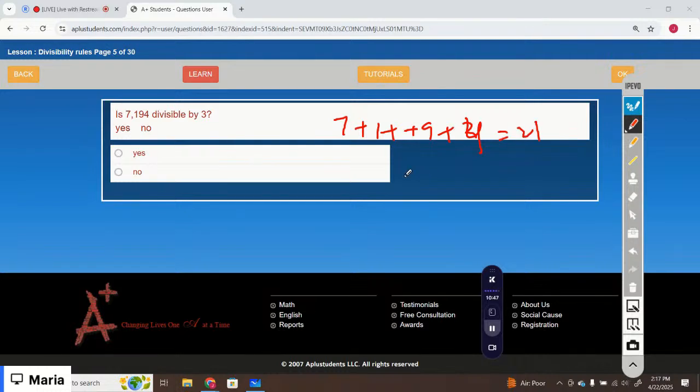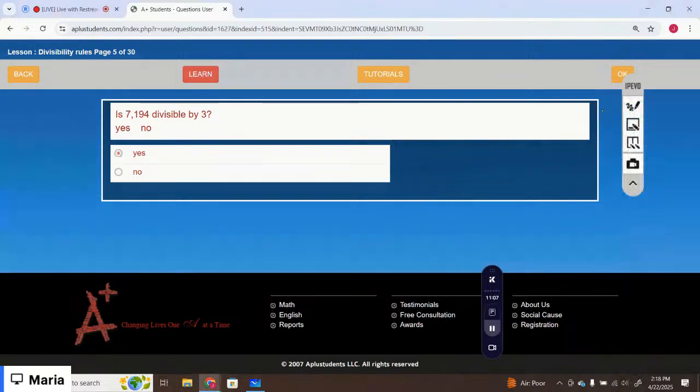So it is 21. And yes, 21 is divisible by 3. So that means 7,194 is divisible by 3.